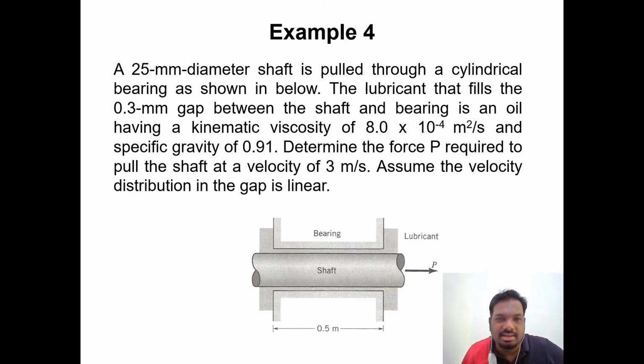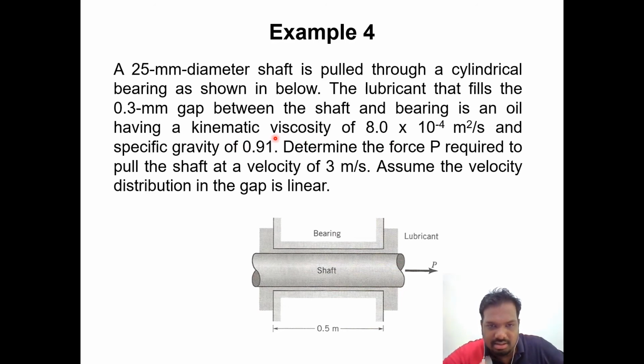Okay, so the final example: a 25 millimeter diameter shaft is pulled through a cylinder bearing as shown below. The lubricant fills the 0.3 millimeter gap between the shaft and bearing, and is an oil having a kinematic viscosity.